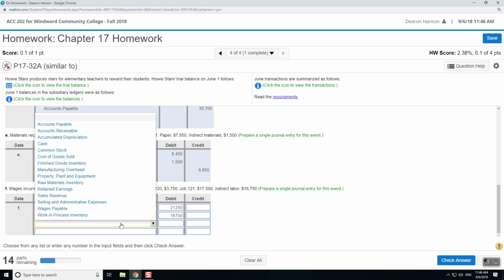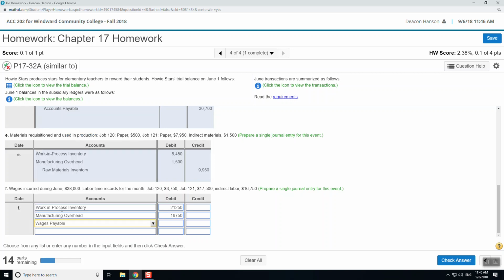So it's probably going to be something like salaries and wages payable, or let's see what kind of accounts we have. Accounts payable, cash. Wages payable. You see wages payable? Yeah. So you can use wages payable. So they were able to charge it directly. Now we got to add these bigger numbers. So I got 37,100. Yeah. Let's double check it.